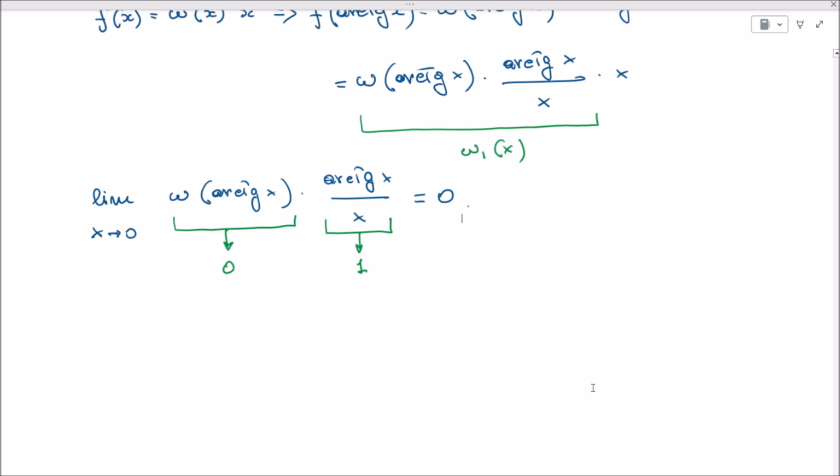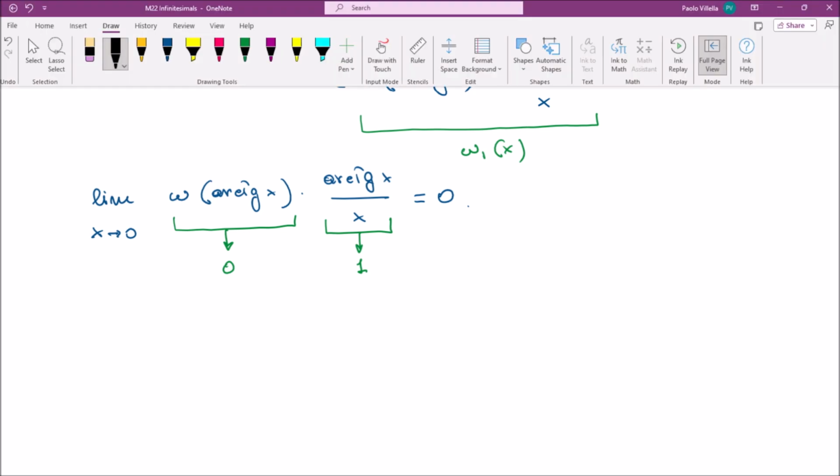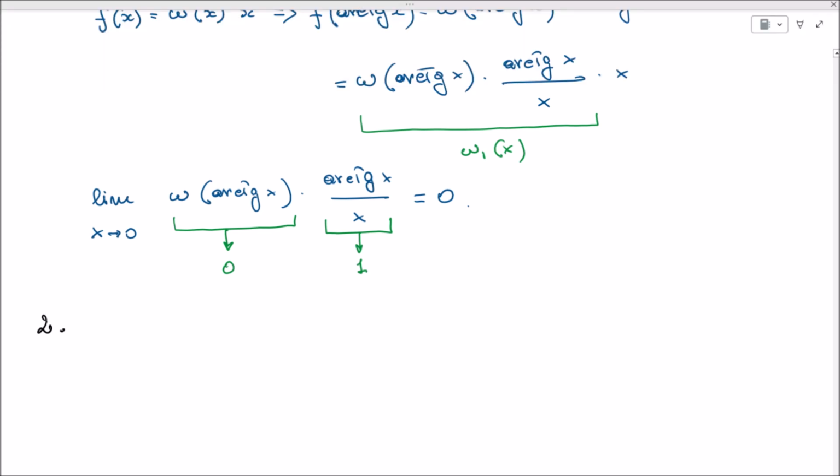Okay, let's attempt now a new composition. Composition 2. Let's do the opposite. Let's take the arctangent of f of x. So we are now using f of x as the argument of the arctangent.